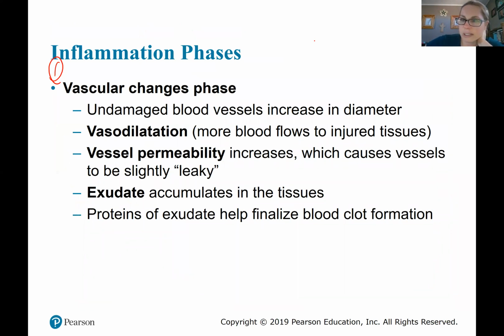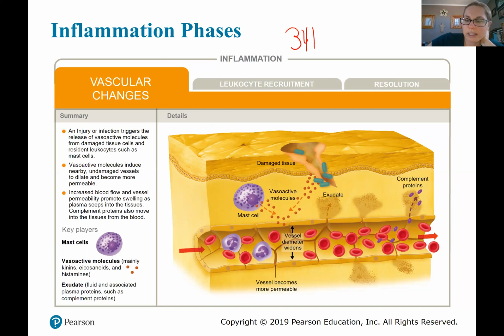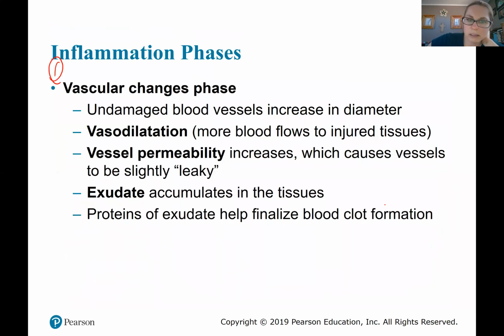Do you see that blood vessel here? This blood vessel is going to become more dilated, called vasodilation. It's going to increase in diameter, and it's going to become more permeable, or leakier. And then exudate, which is actually excess fluid, is going to accumulate in the tissues, which causes the swelling and also the pain.